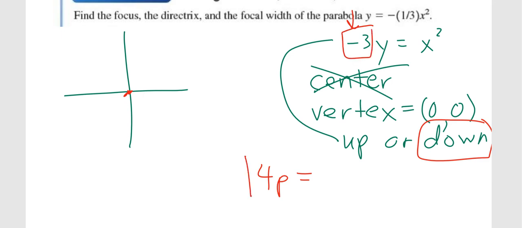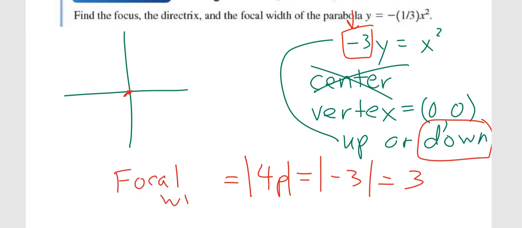Ah, so what's the absolute value of -3? So the focal width is 3. What's p? What's 1p, if 4p is 3?